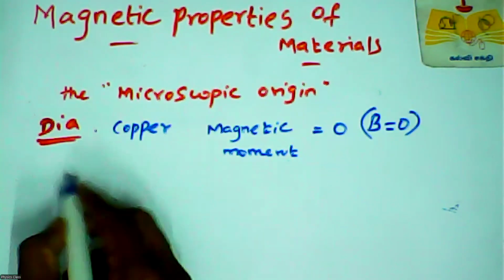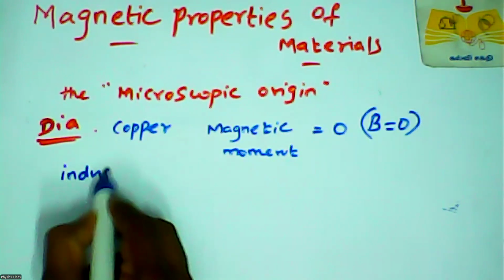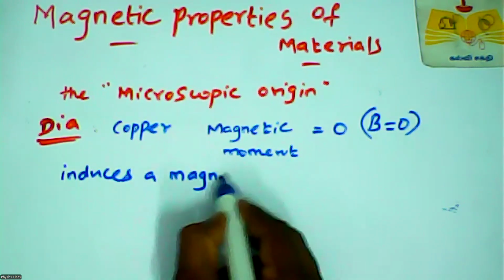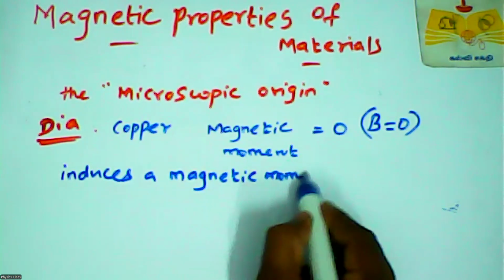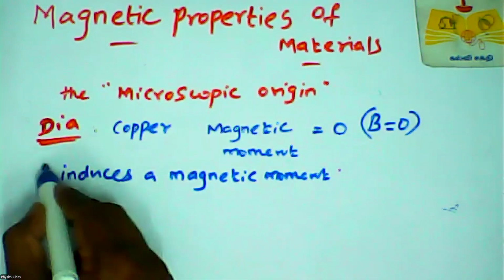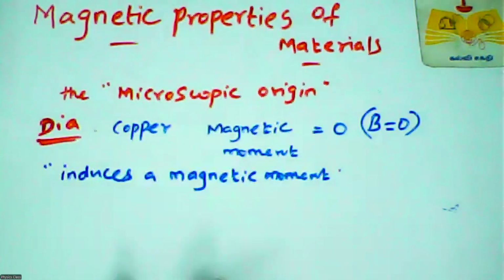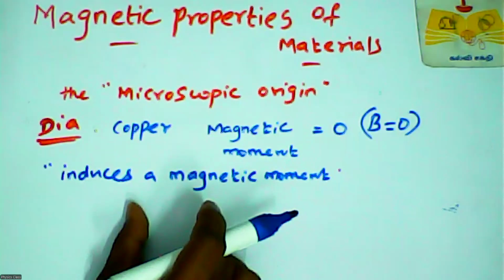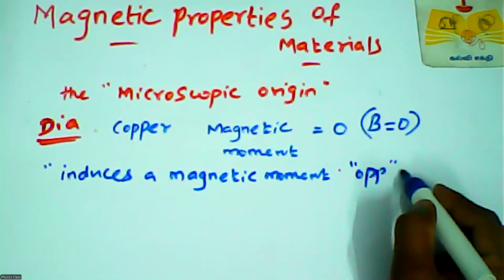So this change in orbital speed induces a magnetic moment, according to Lenz's law. So this induced magnetic field is opposite to the applied field.